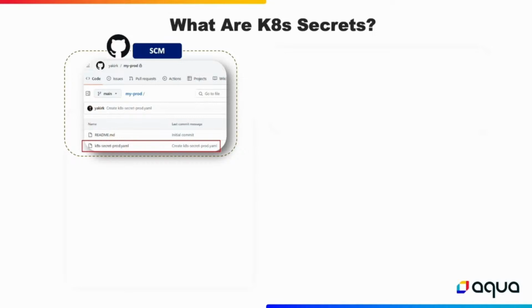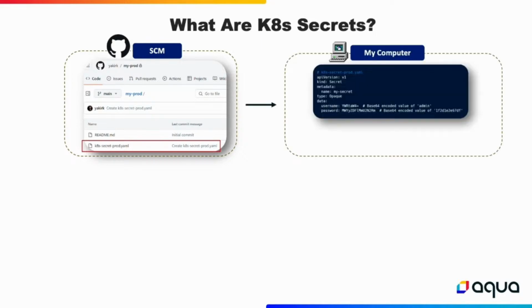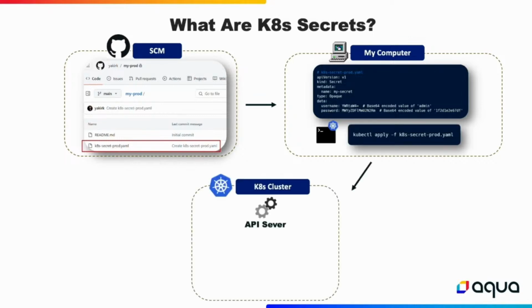Let's understand how we use this type of secrets. Assume we have a GitHub repository containing a YAML file with a Kubernetes secret object. We clone the project and have this file locally. When we run the Kubernetes apply command with the YAML file, we instruct our Kubernetes cluster to store this file encoded in base64.